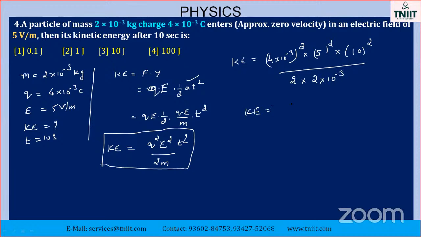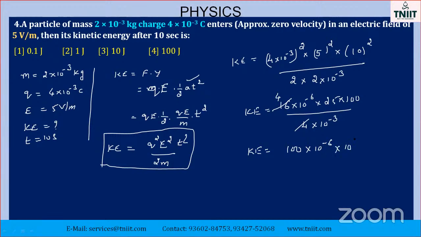So kinetic energy equals 4 squared is 16 into 10 power minus 6. 5 squared value will be 25. 10 squared value will be 100. Divided by 2 into 2 will be 4 into 10 power minus 3. So 4 into 25 will be 100 into 10 power minus 6. When 10 power minus 3 comes up, it will be 10 power plus 3.